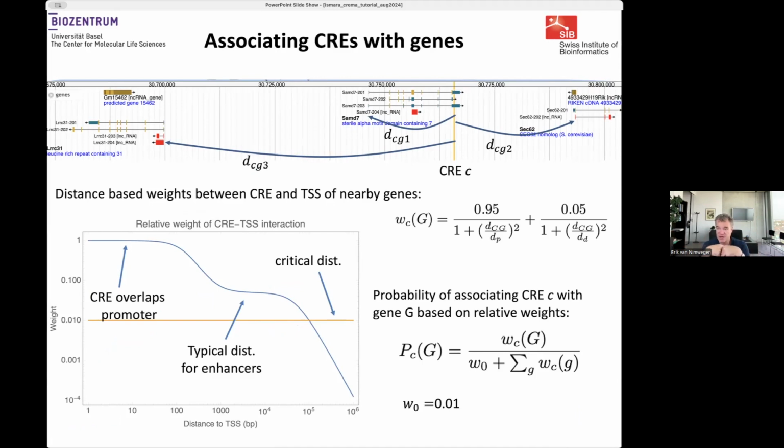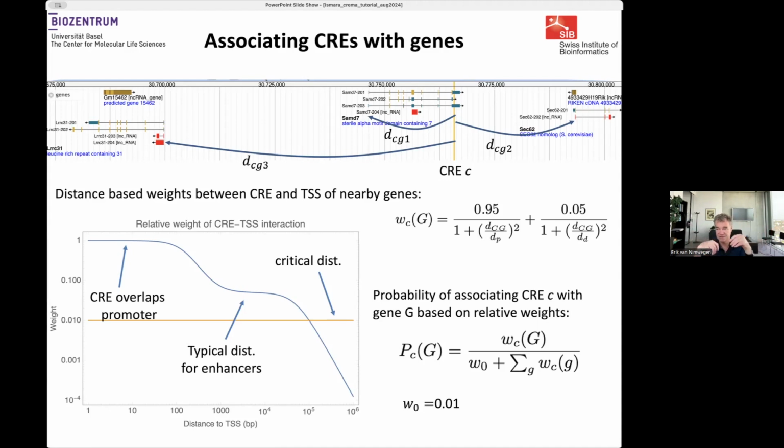As I pointed out before, we still understand quite little about what determines how much a given CRE interacts with promoters in its neighborhood. So the only information that we have to go by at this point is that if the CRE is close to a promoter of a gene, then it's more likely to affect that gene than when it's far away.